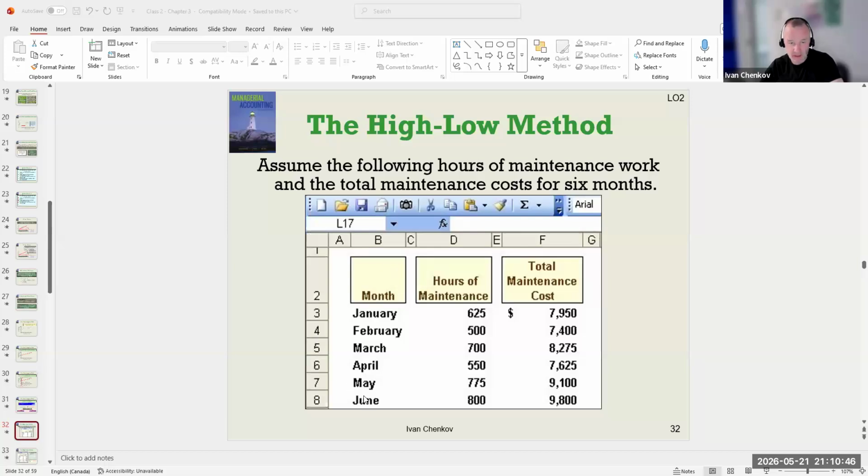And now let's go back to the slides and complete the slides. So now, again, the high-low method. You're getting the period, you're getting the usage, you're getting the cost. Then you're choosing the usage at the highest point and the usage at the lowest point, and the associated cost with the highest point and the lowest point.